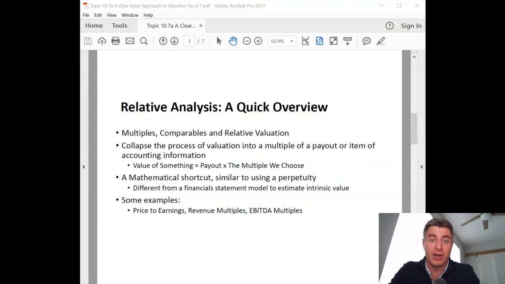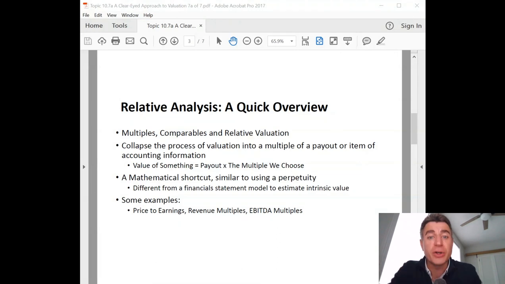A benefit of using relative valuation is that it's much shorter. It can be a simpler process. I don't, however, as I go through this, want to simplify it so much to say that that's all we need. But a starting point for valuation is to say, how are things like the particular investment, security, arrangement or company being valued?